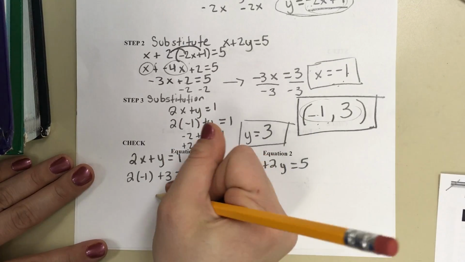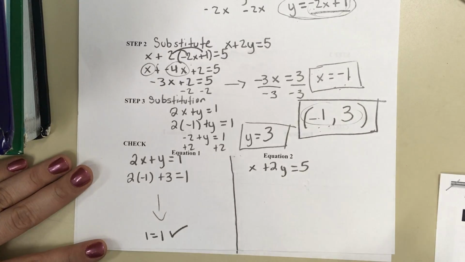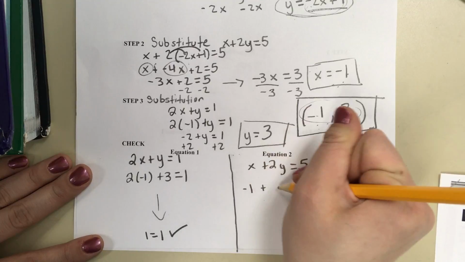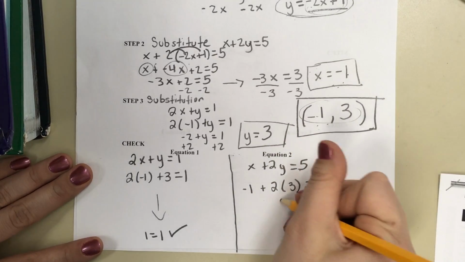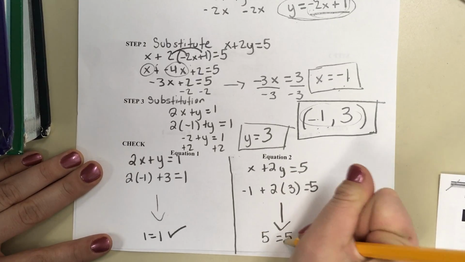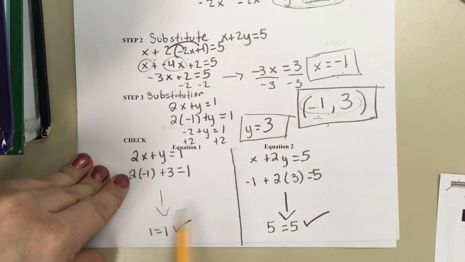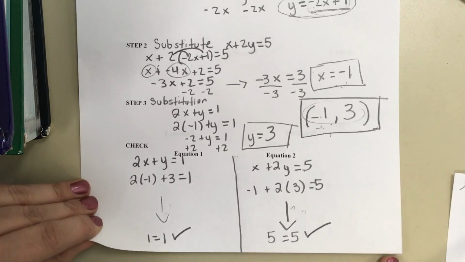You should end up with 1 equals 1, in which case you were correct. Over here, you take the same thing. You plug in negative 1 plus 2 times 3 equals 5, in which case you should end up with 5 equals 5, which is correct. So my solution will work. Please go ahead and simplify this on your own. You may go ahead and flip your page now.